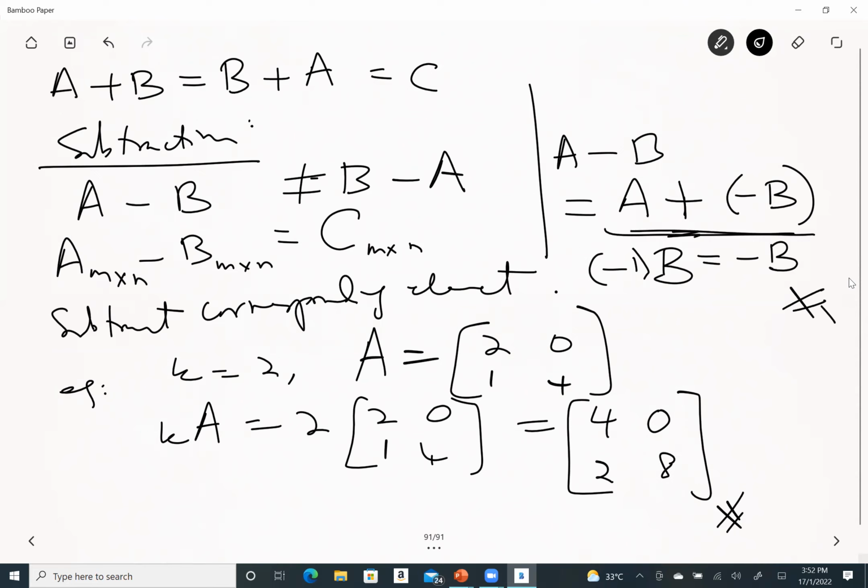So you multiply negative 1 with the second matrix in order to get the negative B. Okay, so that will become positive.